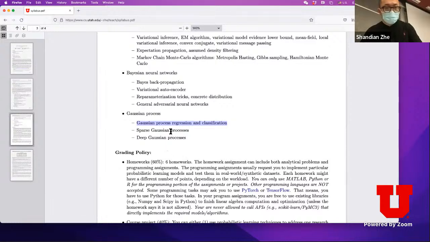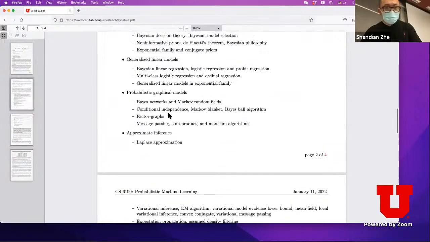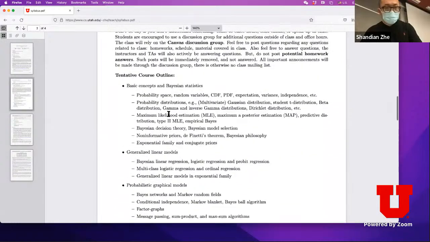And then we'll talk about the computation of Gaussian processes. Gaussian processes have some computational burdens, so we have to make some sparse approximations. We're going to talk about deep Gaussian processes. If you want to increase the expressivity of Gaussian processes, we want to incorporate deep architectures. How can we do that? But anyway, this is a tentative coverage.